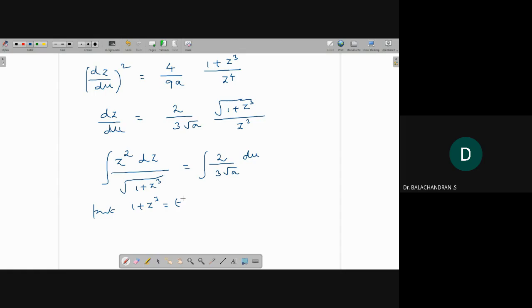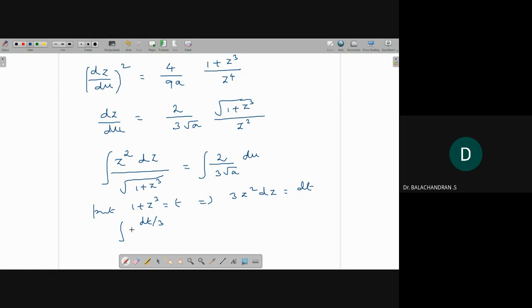Then what you will get? 3z square dz is equal to dt. From this, z square dz is dt by 3.